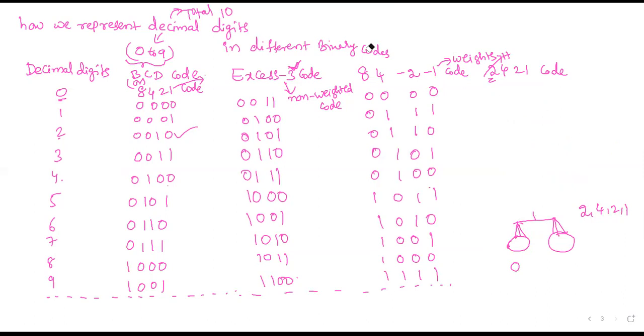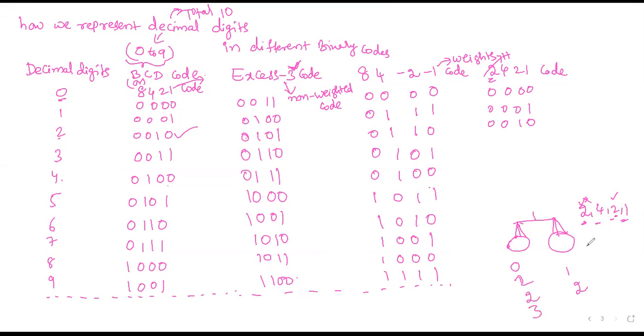So all are 0. Next, 1. Which weight will you keep? 1 only. 2. 2 means you will keep 2 only. Here you can take either this one or this one. For the first half, we are making this one 0, so you have to take this one only.